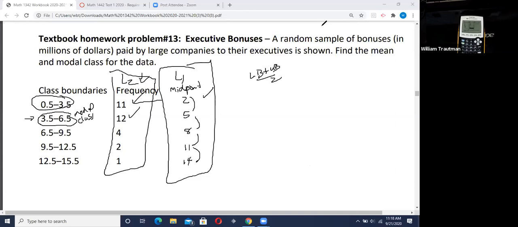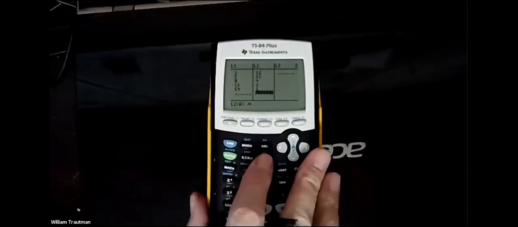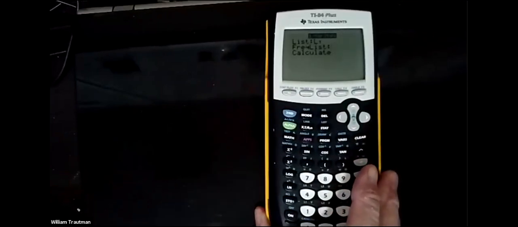So once we have all this in our calculator, in list 1 and list 2, just like I have here, standard when you're finding the mean for anything: stat, calculate, 1-var stats. We have a list 2, so you actually... that's okay. Hey, that happens to me also. I erased everything in the list by accident.